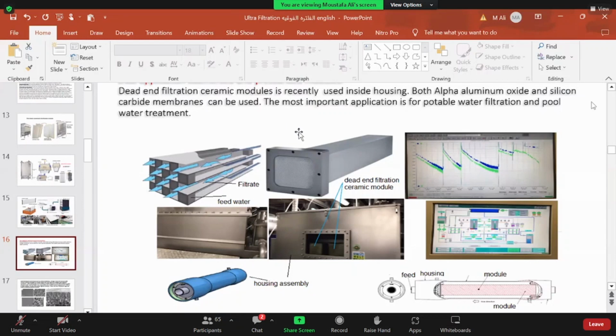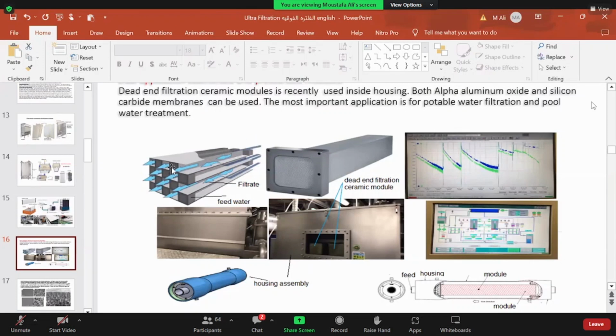membranes can be found. This is the dead-end filtration type, where we can see very tiny holes in front of us. The feed is in gray and the filtrate is in blue.